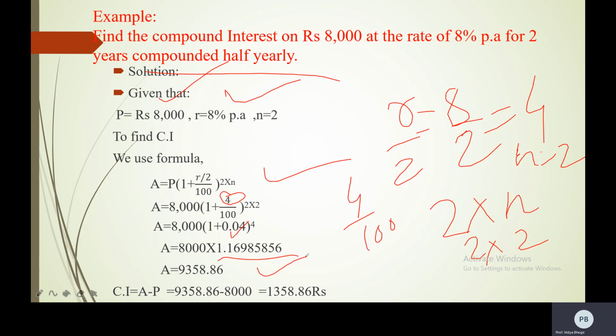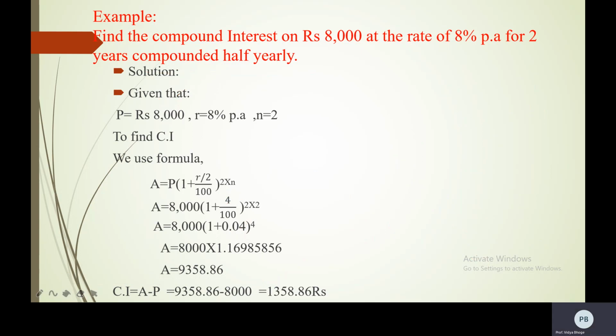We get the amount value 9358.86. From that amount we calculate compound interest, which is A minus P, 9358.86 minus 8000, we get 1358.86. In this way we have to calculate the rate of interest, then period, then interest, then principal amount.